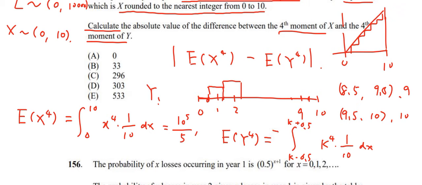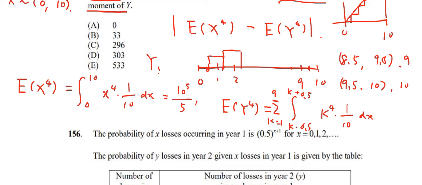So this is the summation for k equals 1 to 9, since k cannot be 10 in the 1 to 9 part, and then plus the integral from 9.5 to 10. So this is k equals 10, so the 4th power of 10, and then 1/4 dx. The 1/10 dx.